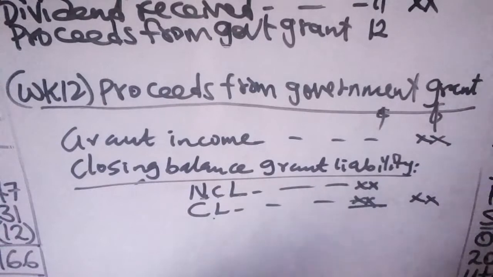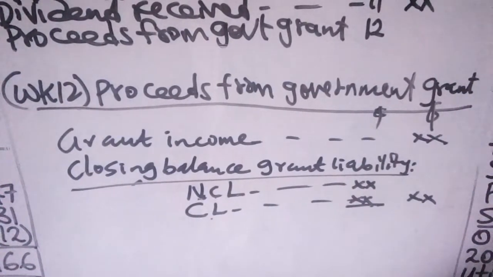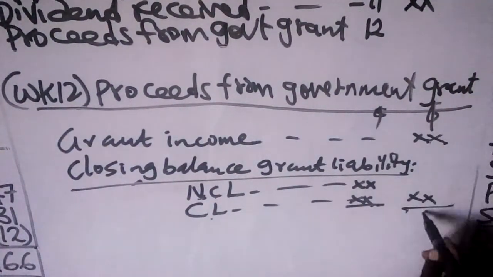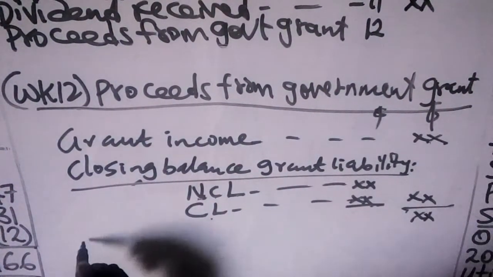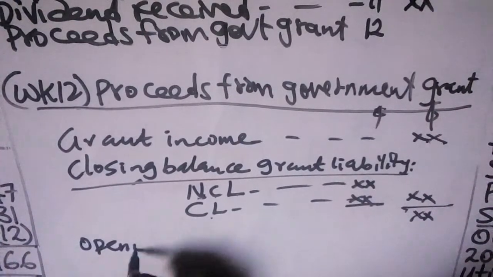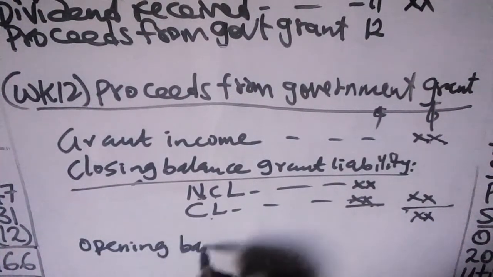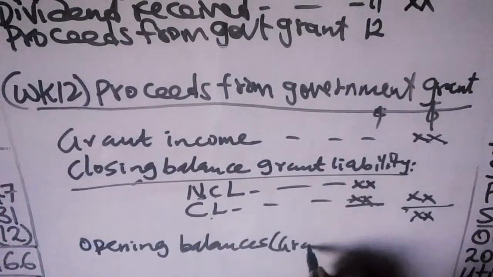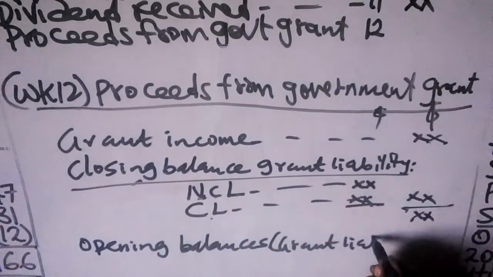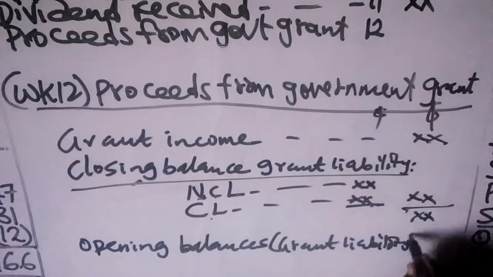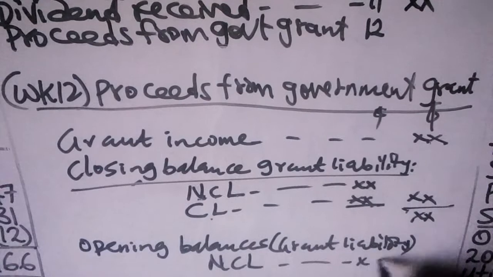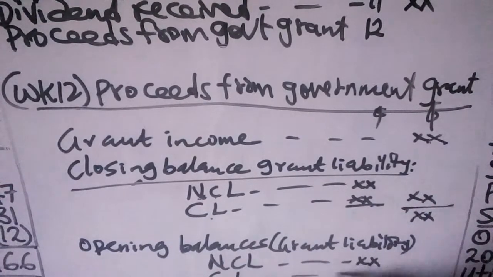Then you less the opening balances of grant liability. When you add this and this, you have this total. Now less the opening balances, that is grant liability, the one under non-current liability as well as the one under current liability.